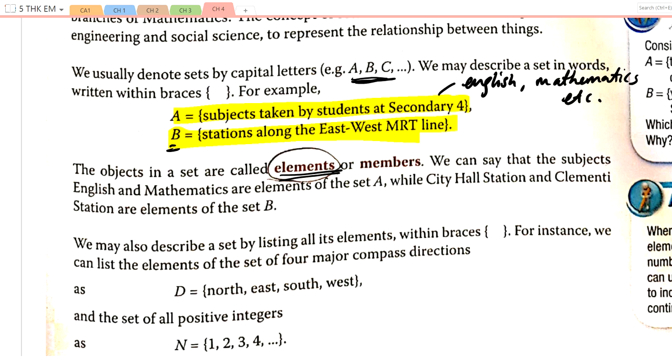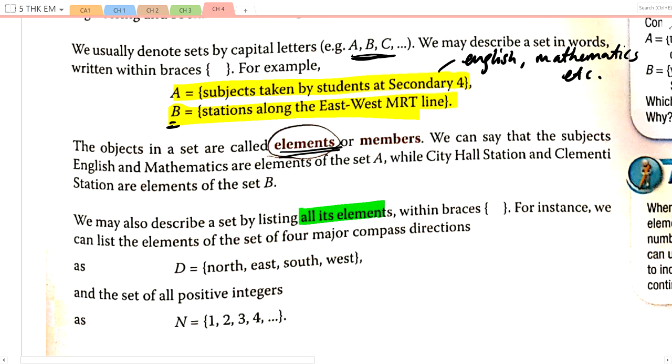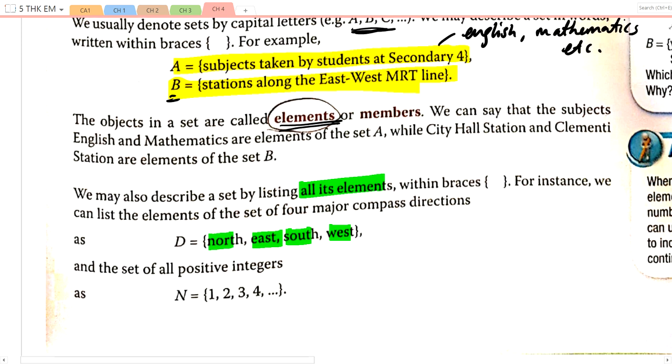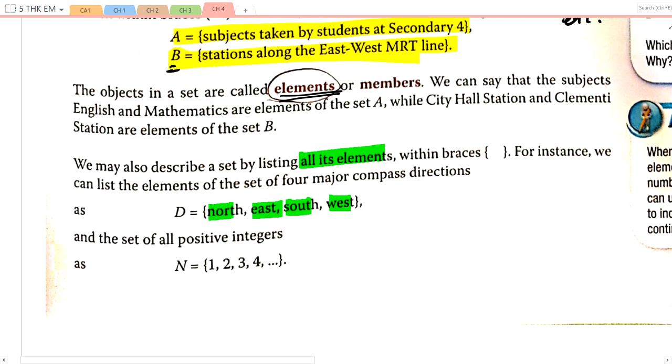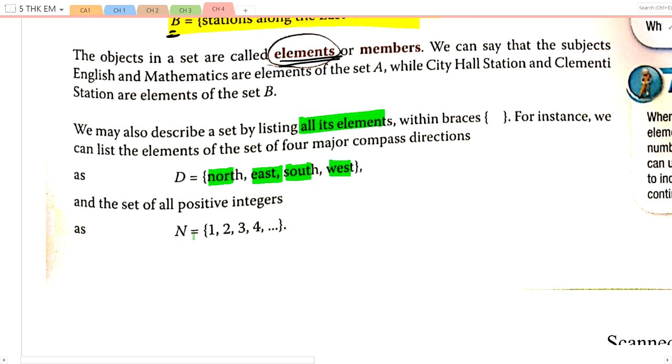Another way of describing sets is to list down all the elements. For example, in set D, we've got north, south, east, and west. This does not describe the set, but it shows everything that is found inside, nothing else. In set N, okay, so this is the name of the set N. Again, we've got the elements 1, 2, 3, 4, so and so on.